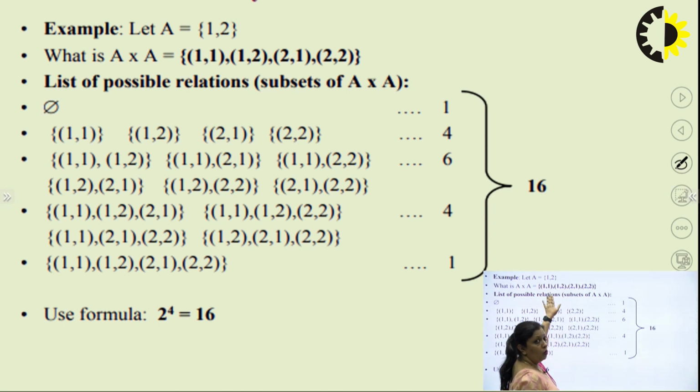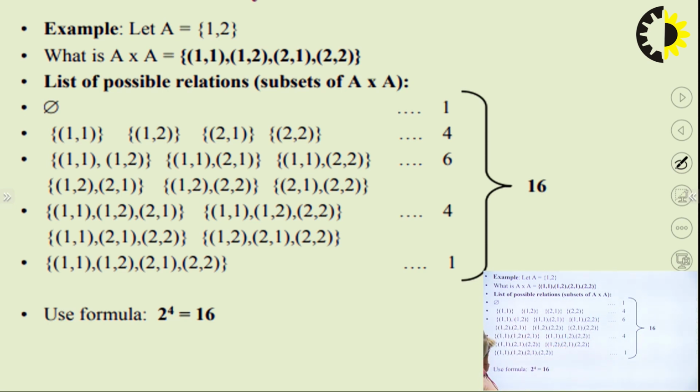So these are all the elements in A cross A. Now we want to list down the possible relations, that is all the subsets of A cross A possible. So for this particular example, one subset which is possible is phi, because phi is a subset of every set. That is, an empty set is always a subset of every set. This is the property of sets.